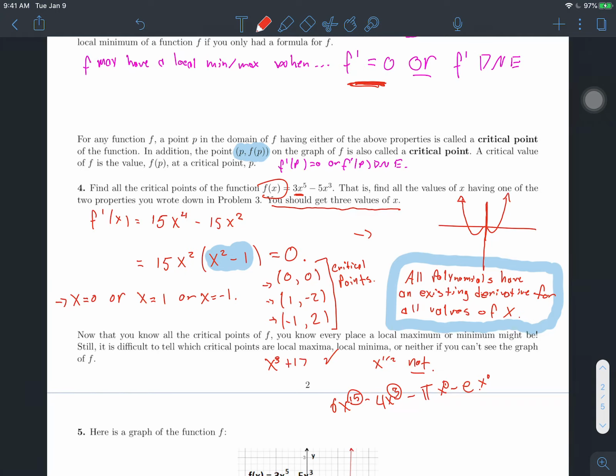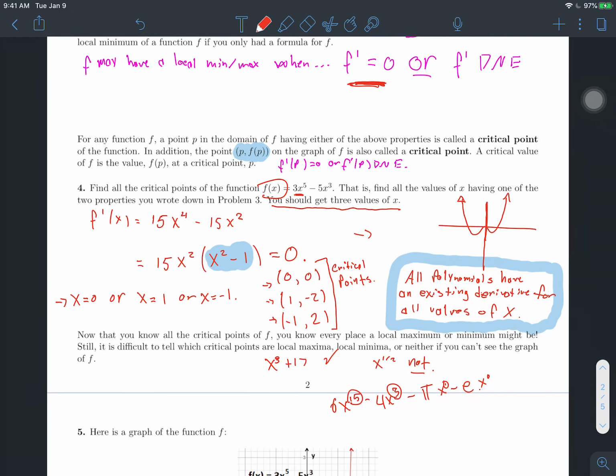If you're a little bit hazy on solving polynomials for zeros, such as the process I did here to find out that x equals 0, x equals 1, and x equals -1 cause this equation to be 0, come see me in office hours. I have office hours later today.